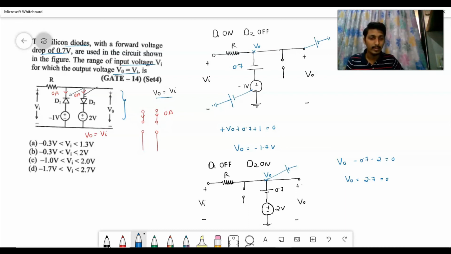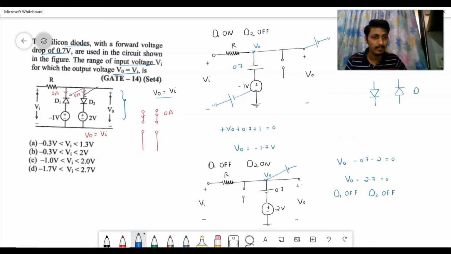And for V0 equals to Vi, to satisfy this condition, both the diodes will be in off condition. Then if we apply KVL for both diodes in off condition, D1 off, D2 also off, then this is our diode, D2 is like this and D1 is like this.